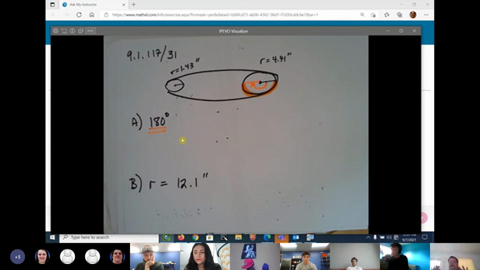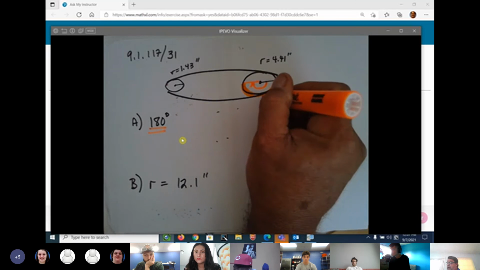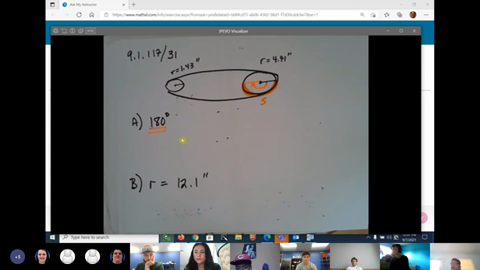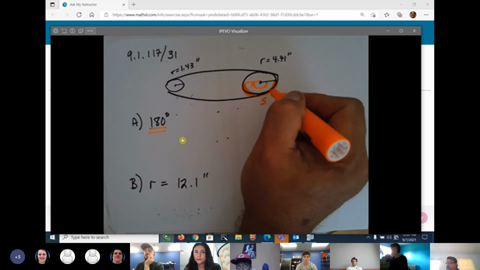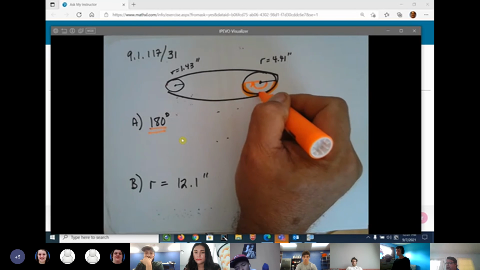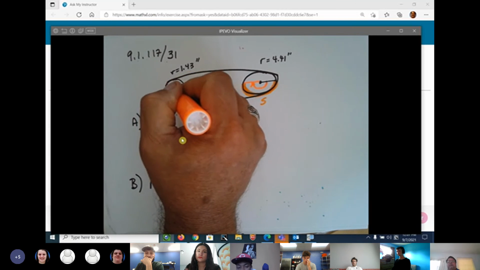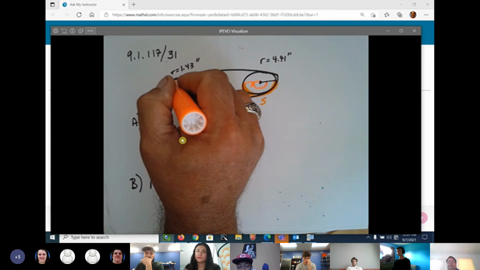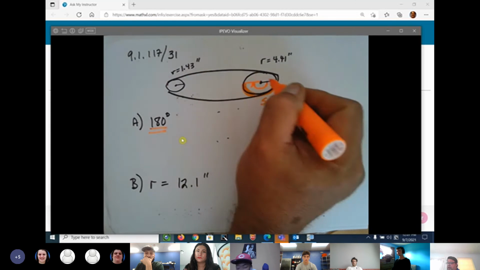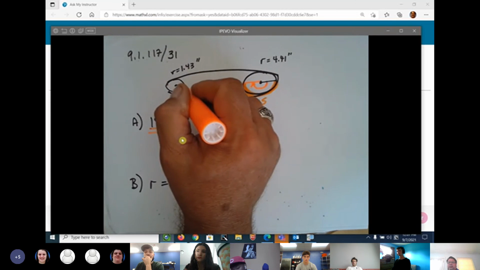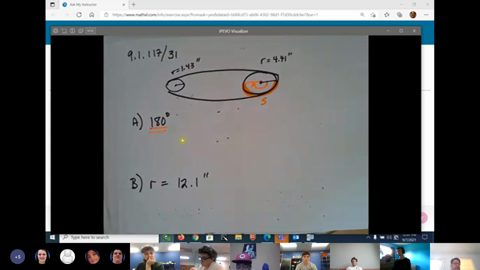You just need to find the distance, okay? So you need to find this S. Now, if this gear moves S amount, then this one has to move what? S amount. So the S's are going to be equal. All right, I'll give you 3 minutes to work on it. It is 12:07 right now, so at 12:10, we're going to work on it.